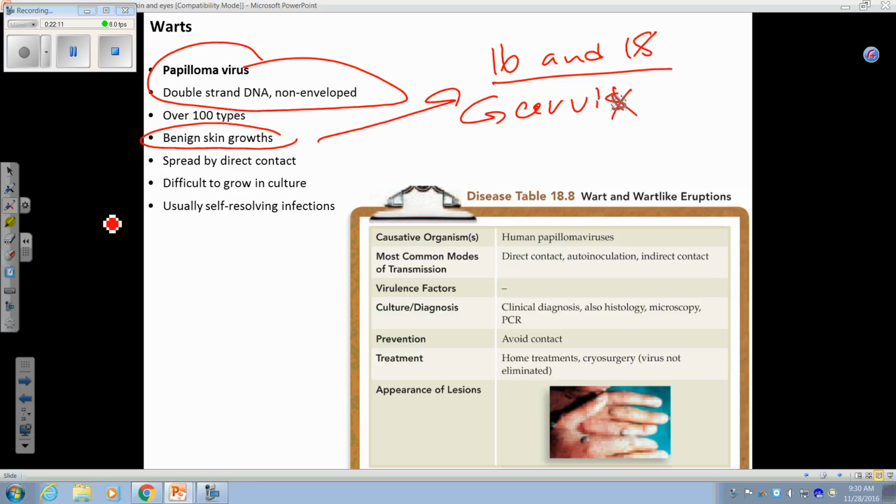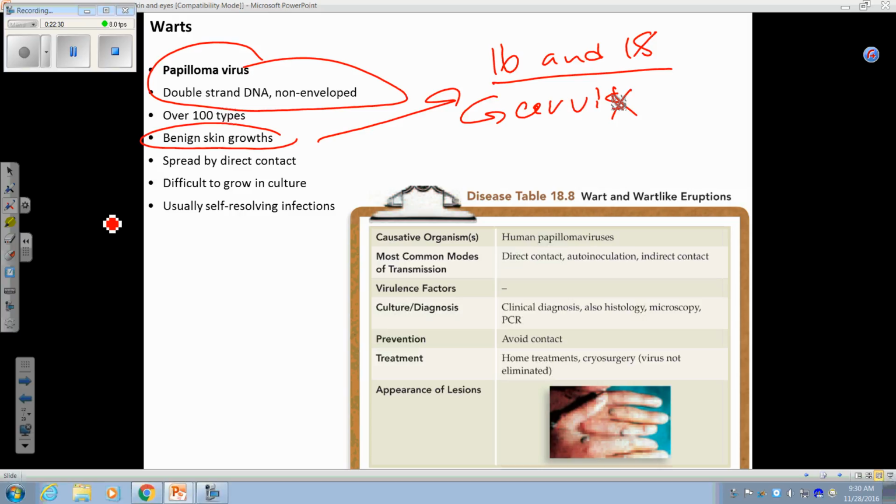Most of the vaginal epithelium is stratified squamous epithelium. When they infect and stimulate the division, sometimes that division leads to the formation of cervical cancer, not benign growth anymore.